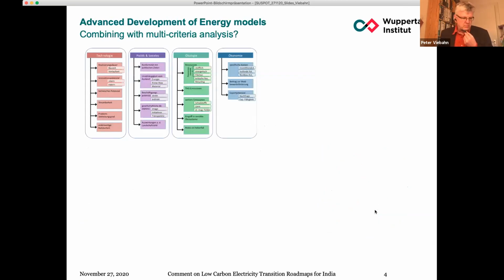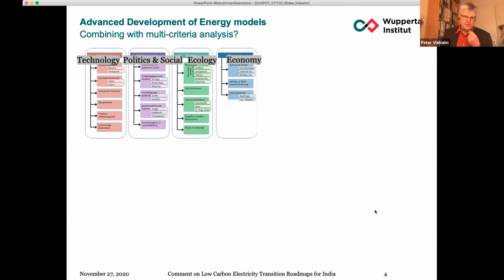Advanced MCA, multi-criteria analysis, goes in different dimensions. You assess technologies, or you assess energy systems, with different dimensions, for example the technology dimension, the politics, the social dimension, the ecology, and the economy dimension.